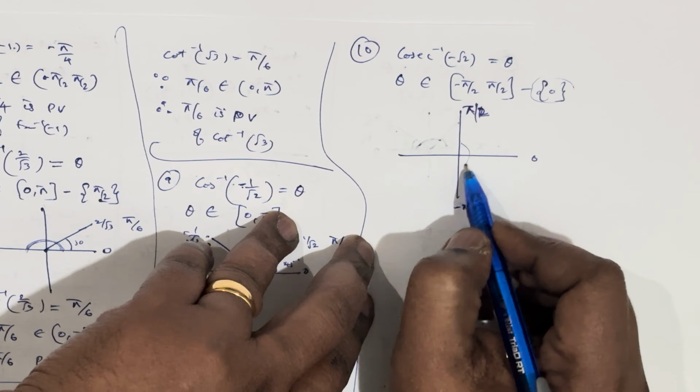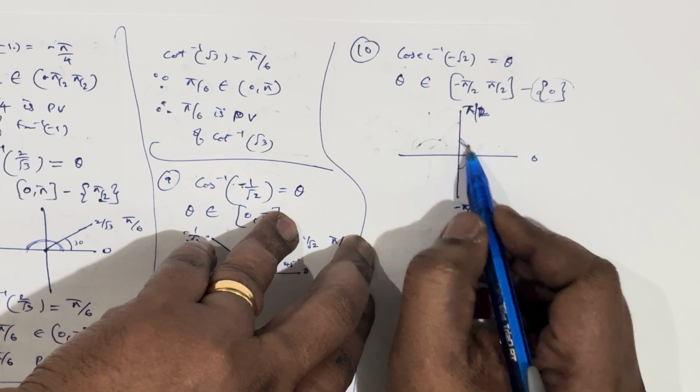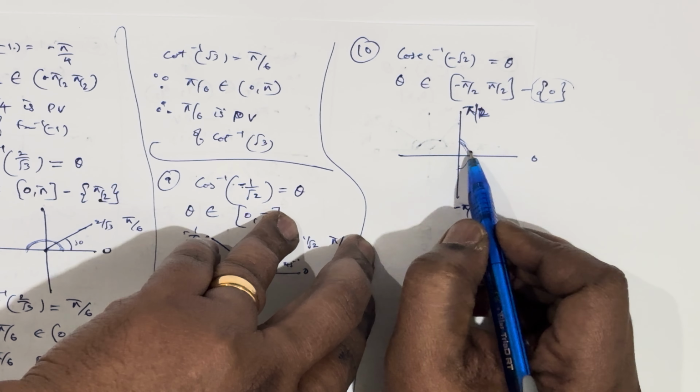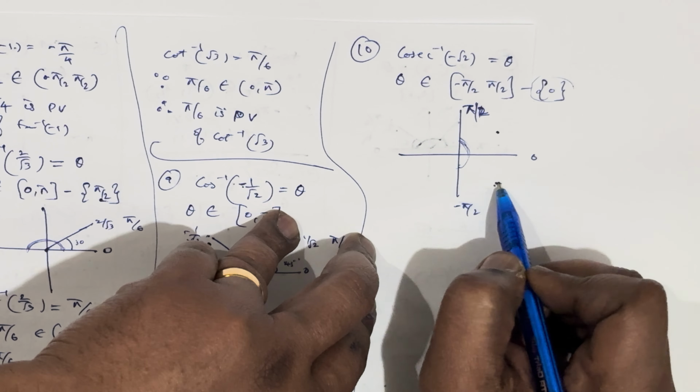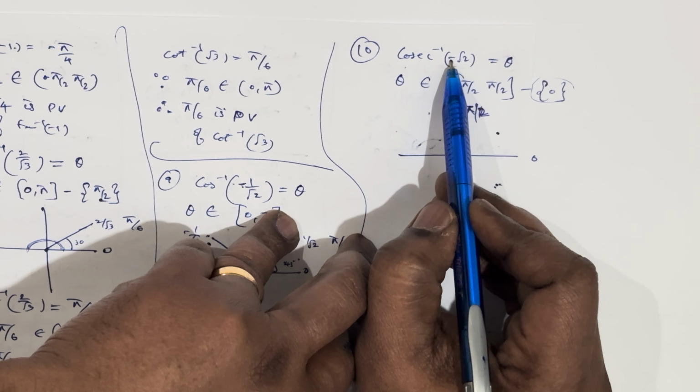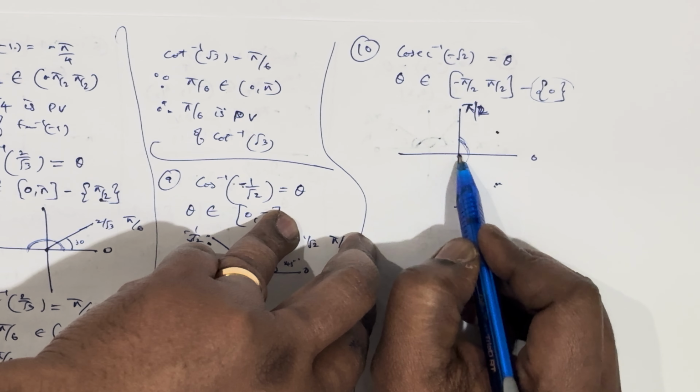Now this is the area where the range of cosecant inverse exists. Since cosecant is positive in the first quadrant and negative in the fourth quadrant, and here you have negative root 2, it must be in the fourth quadrant.